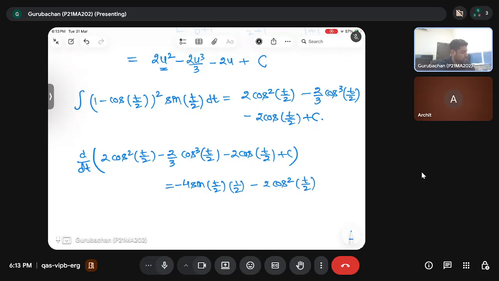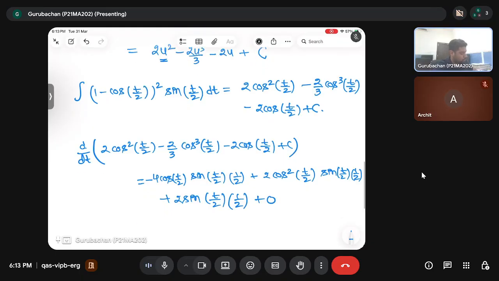Okay, there is some error. So here it will be 4 times cos t by 2, then differentiation of cos t by 2 is minus sin t by 2, then half. Similarly here it will be plus sin t by 2 into half, and then this will be plus 2 sin t by 2 into half plus 0.